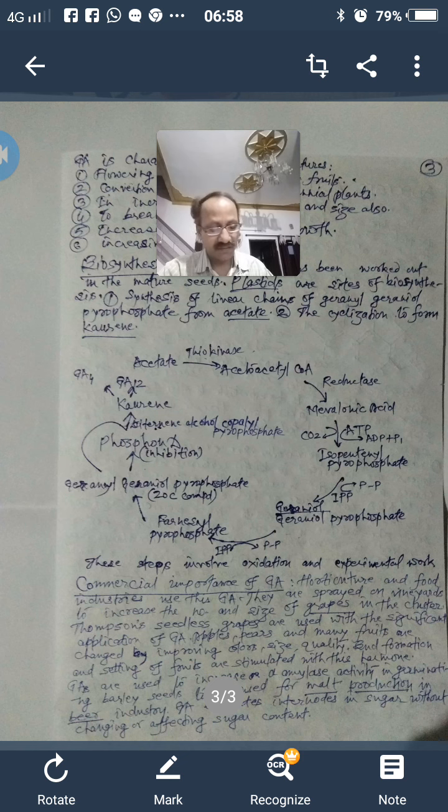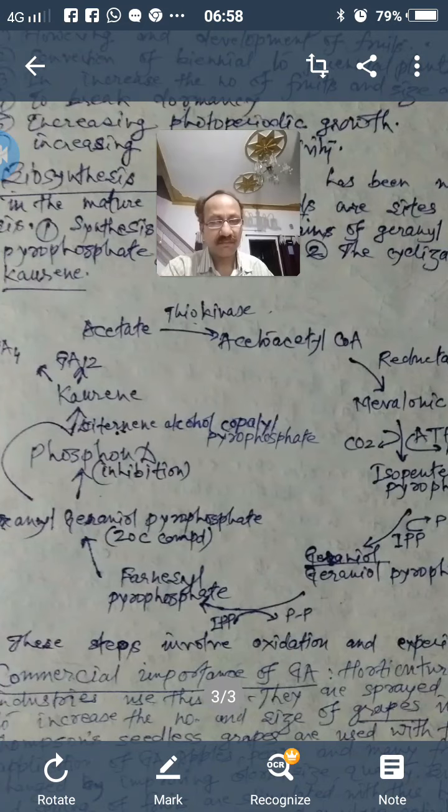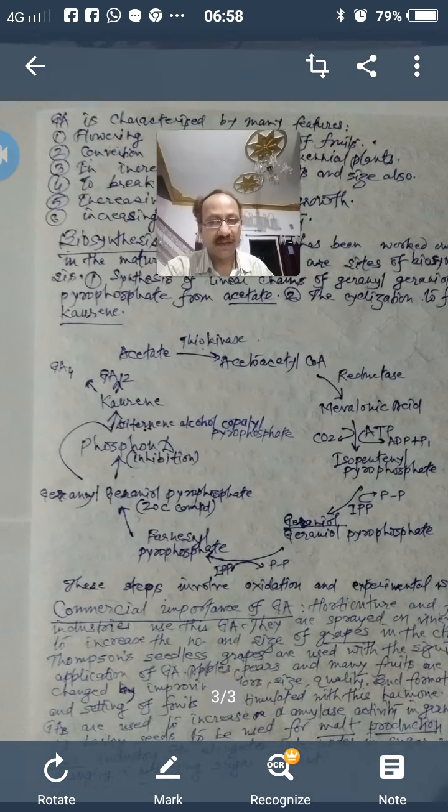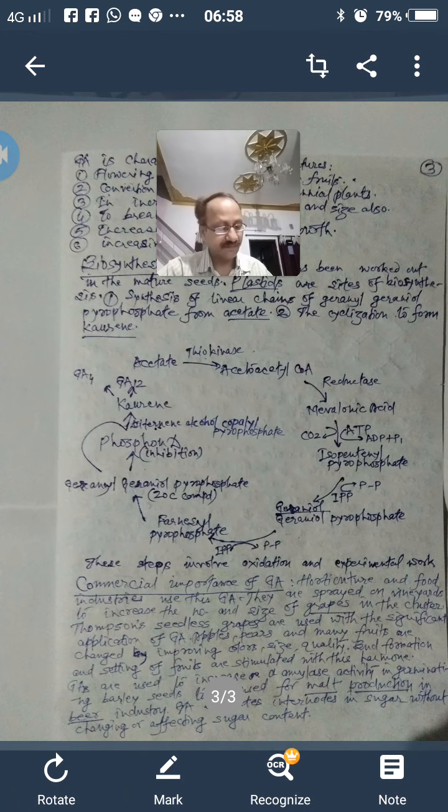With this hormone, GAs are used to increase alpha amylase activity in germinating barley seeds to be used for malt production in the beer and wine industry.